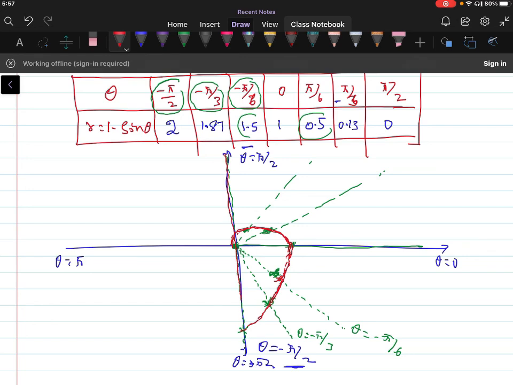So let us take the image of this curve on the left side of the y-axis, this is the curve. So this curve represents the equation r is equal to 1 minus sine theta.